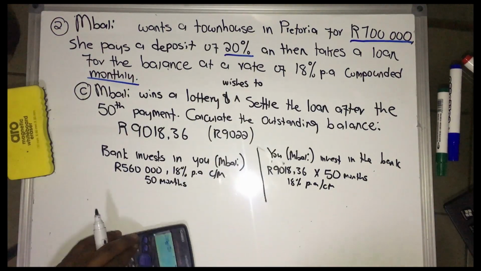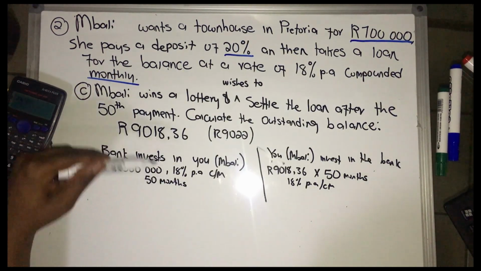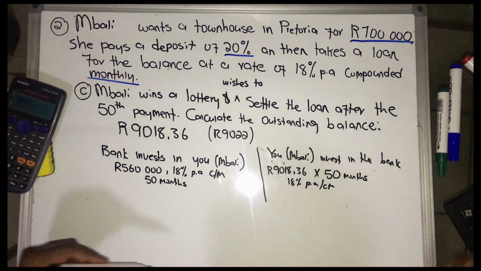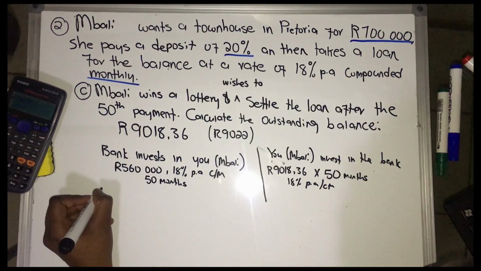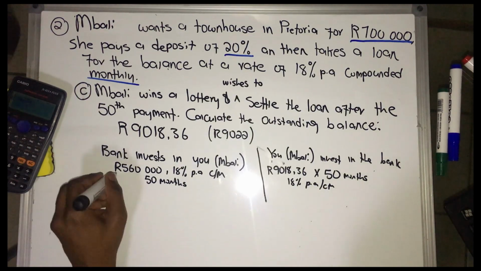All right, so now to find the balance we look at it this way. Since we're thinking of it like the bank invested in you, that would be just one payment. They just paid you 560,000.